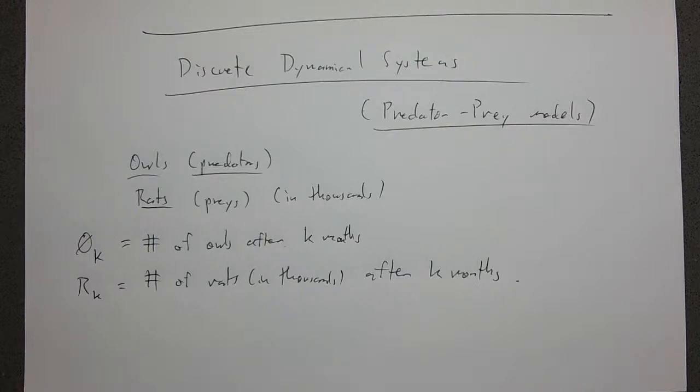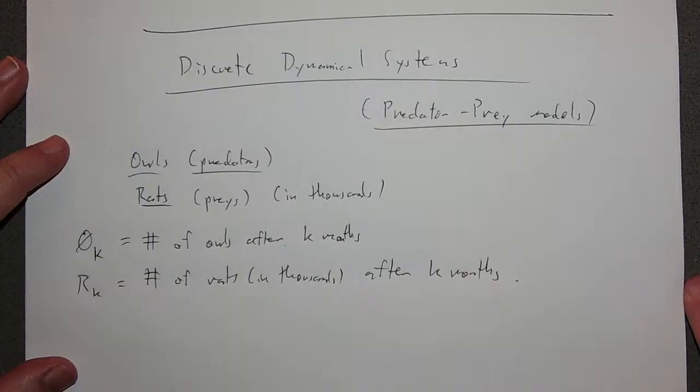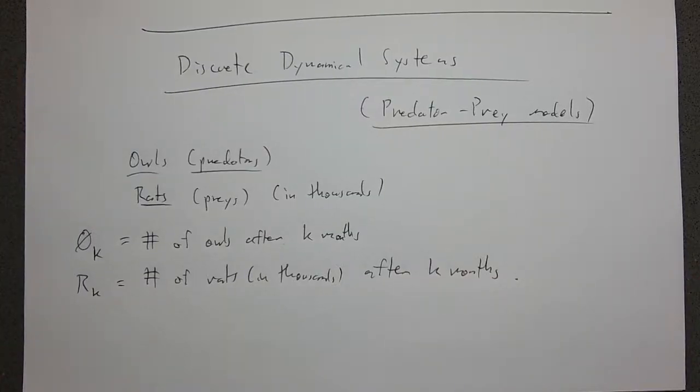So there's a balance between these two things. You might say, okay, well, if the predators are eating a lot, that's good. That is good in a sense, but they can't eat too much, because if they drive the prey population down to 0, they will eventually starve.